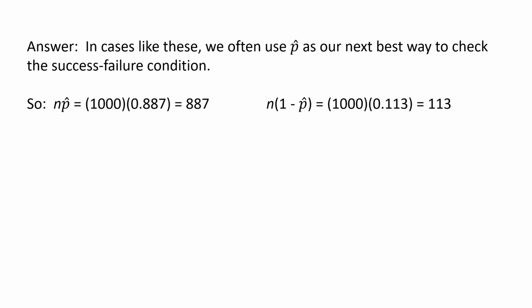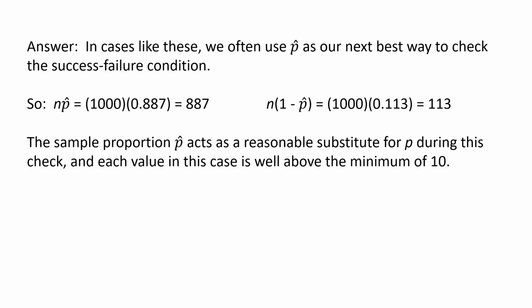So in that case, we simply find the number of successes, which would in this case be 887, using p hat as an estimate for the population proportion, which we don't know, and then the number of failures would of course be 113. Notice that those two values, 887 and 113, have to add up to the total number of participants in the sample, which was 1,000.